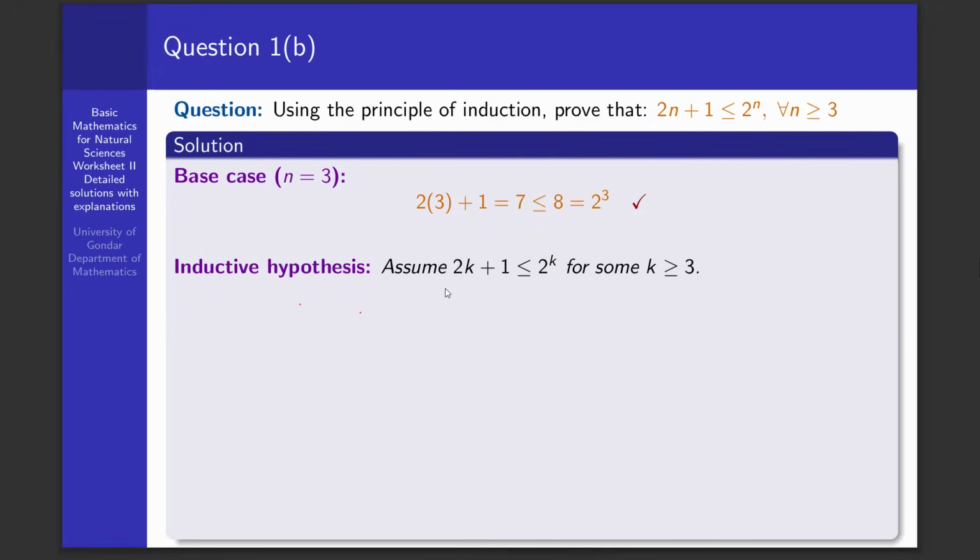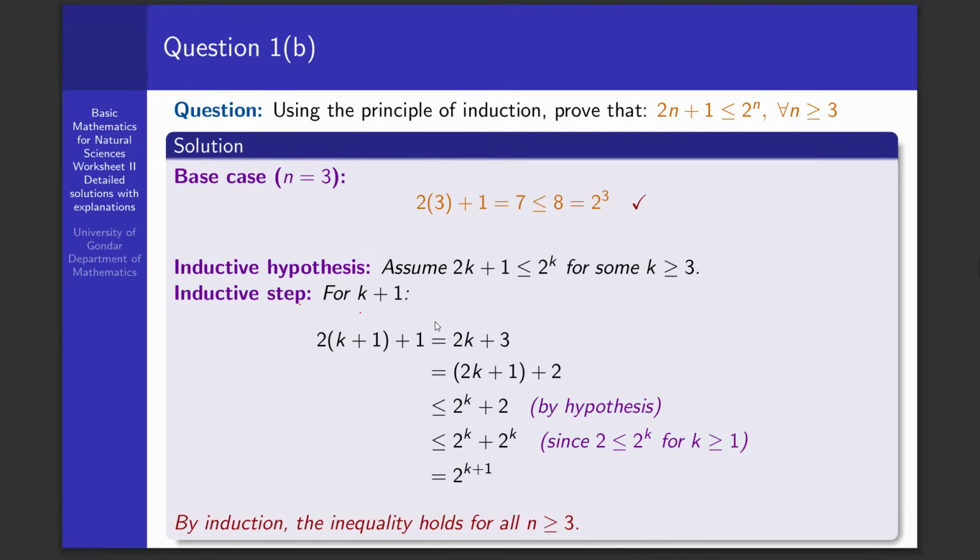So let's assume that 2k plus 1 is less than or equal to 2^k for some k greater than or equal to 3. Then, based on this assumption, the next step is the inductive step, which is checking the truth of this statement for k plus 1, the next natural number after k.